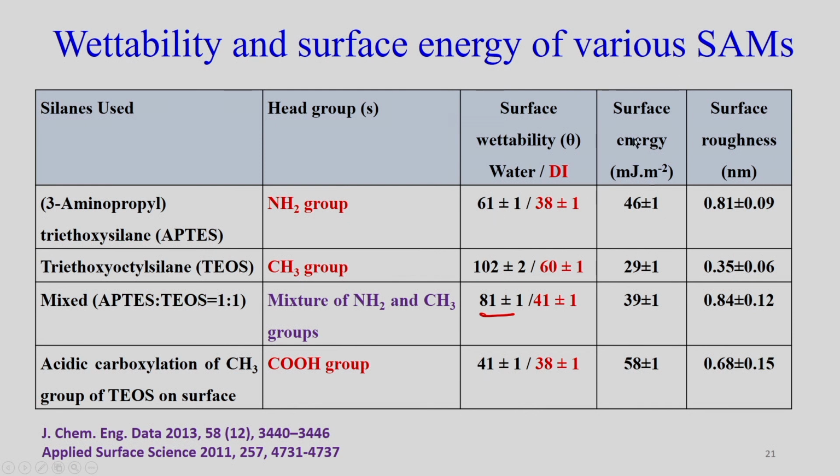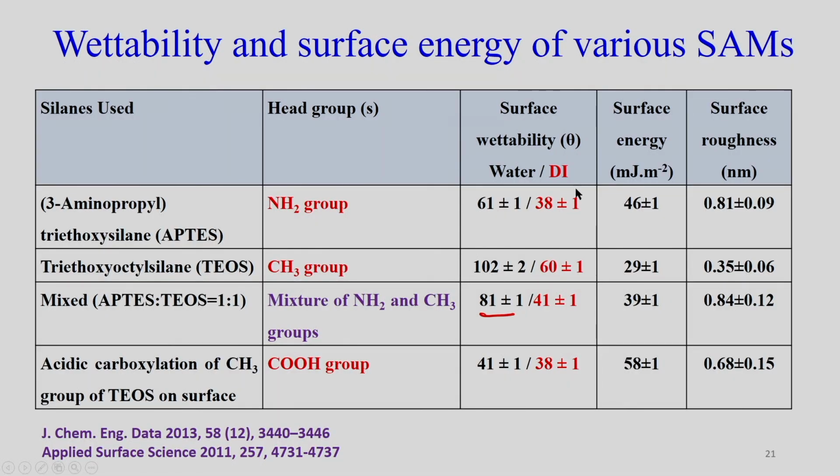Now, if you want to calculate the surface energy, we can use the geometric mean method as we have discussed in the earlier slides. So, we have to measure the contact angle of another liquid. Here we used diiodomethane, CH2I2, and from these two contact angles the surface energy is calculated using the geometric mean method.